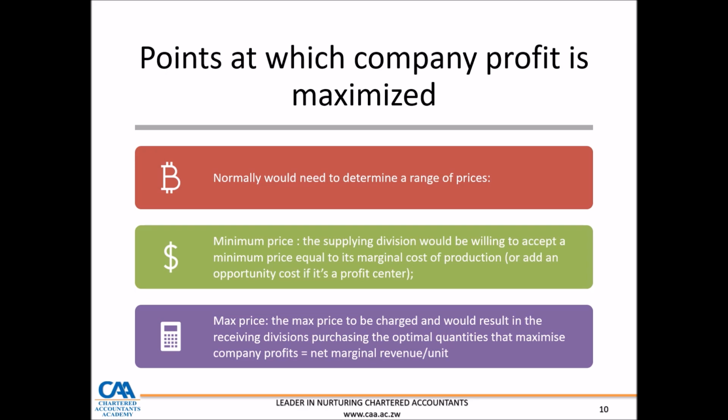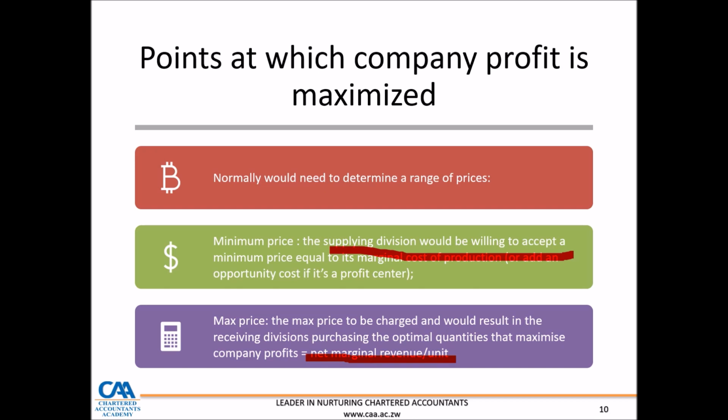Then we determine the required production at company level. Once you've determined the required production, you then need to say what price the supplying division would be willing to accept to equal its marginal cost of production. Then on the receiving division's part, what is the maximum price that can be charged which would result in the receiving division buying internally? This brings in the concept of the net marginal revenue per unit.